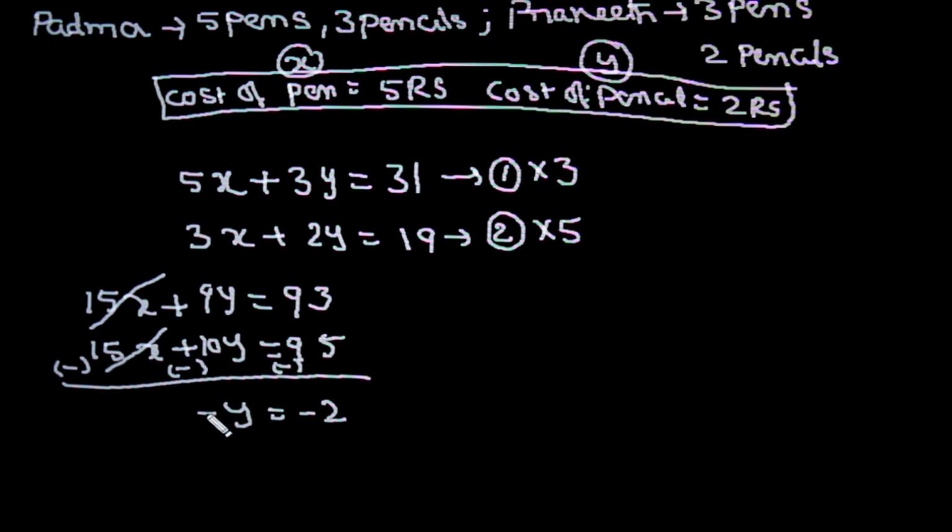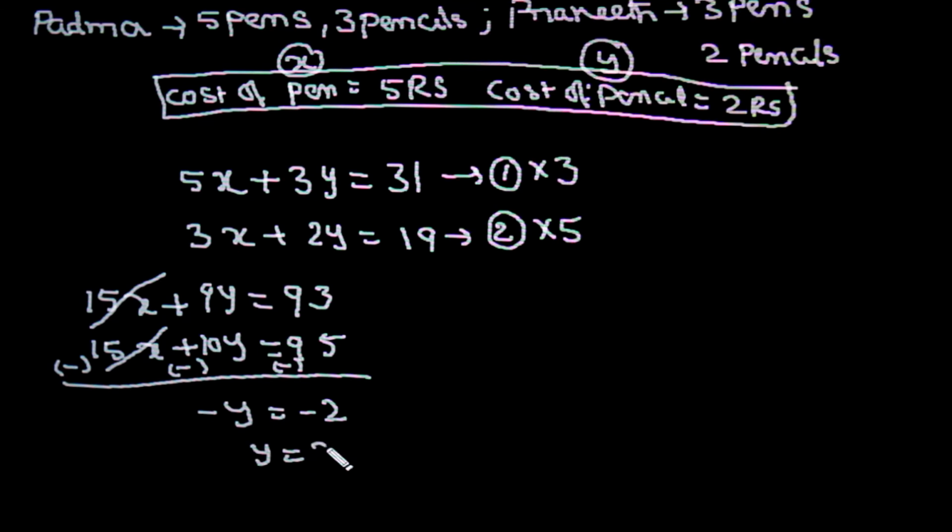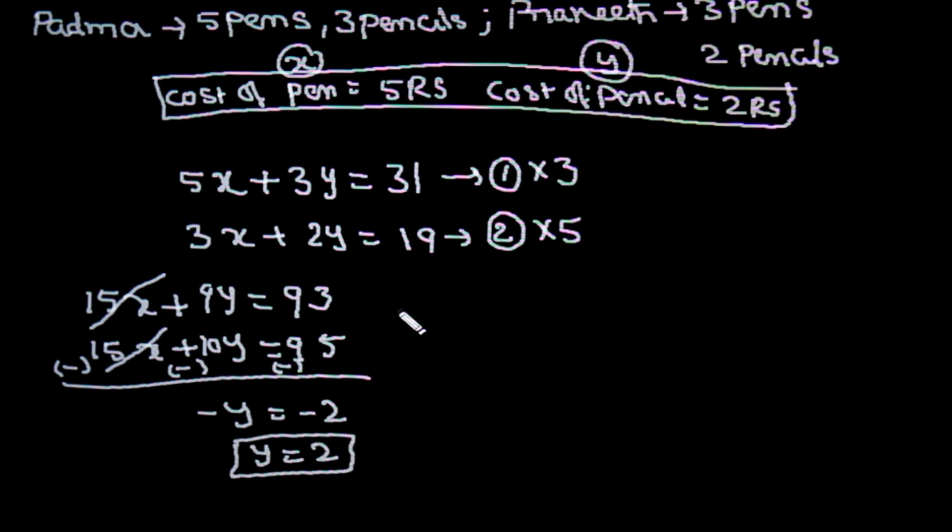Then change the sign on either side and you get y is equal to 2. You got one answer: 2 rupees. Y means pencil, so the pencil costs 2 rupees.